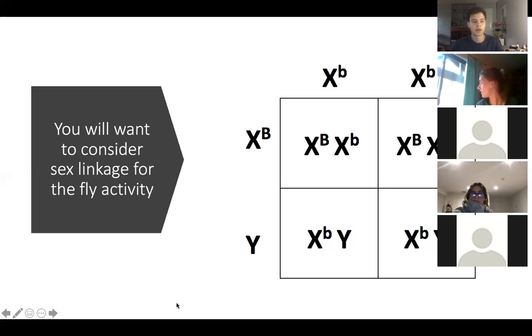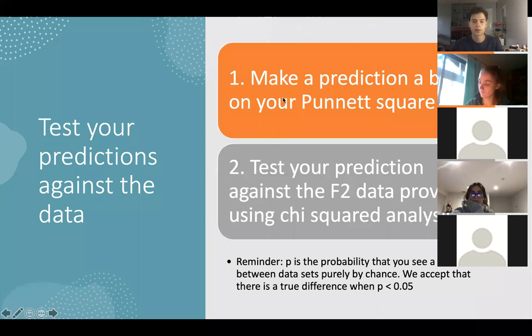So the first thing you're going to be doing is making predictions about the F1 and F2 phenotype. And you're also going to want to take into account this sex linkage. So after you've made your predictions with the Punnett square about the ratios of the phenotypes and therefore the amount of flies in each phenotype, you're going to test your prediction against the data provided like you did for the plant lab.